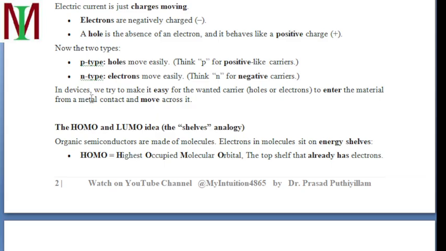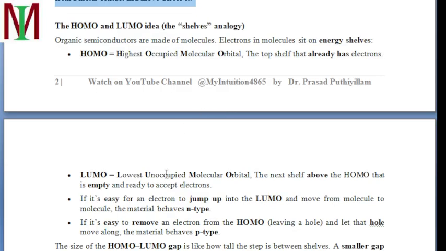So in a device we can make it easy for whichever charge carrier we want, either an electron or a positive charge, to enter the material from a metal contact and move across it, so that we can manipulate it as we wish.